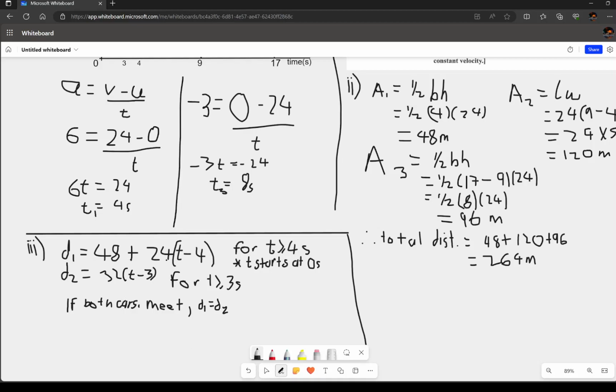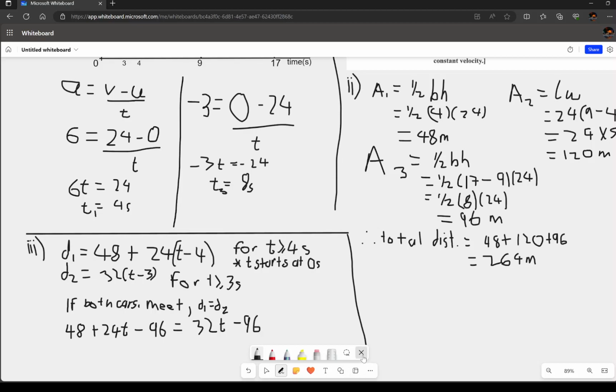So we're going to just expand these brackets while we do that. So that's going to be 48 plus 24t minus 24 times 4, which is 96. I believe we already did that calculation. And that's going to be equal to 32t minus 32 times 3, which also happens to be 96.